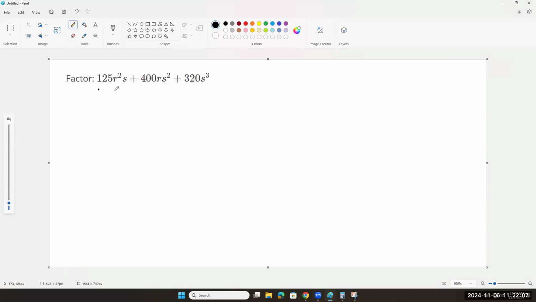Okay, so before I do this problem, I want to remind you of something you might have seen before. You might have seen a situation in which you had two terms that you squared.